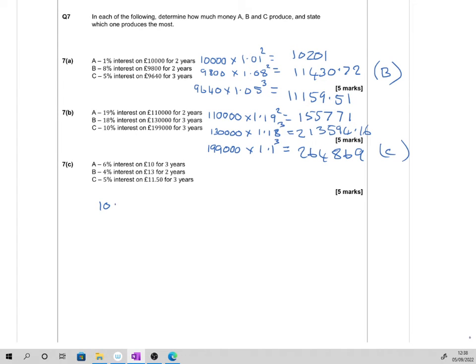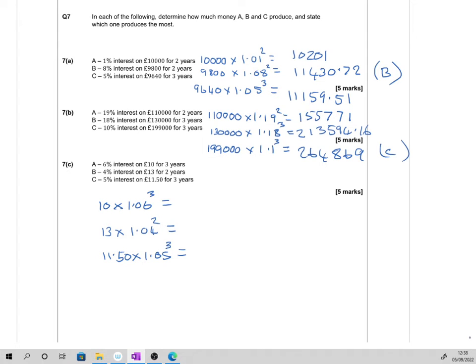This one, £10 times 1.06 for 3 years. This one, £13 times 1.04 for 2 years. And this one, £11.50 times 1.05 for 3 years.